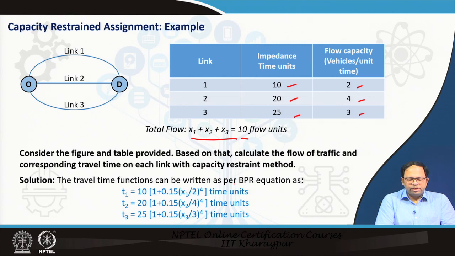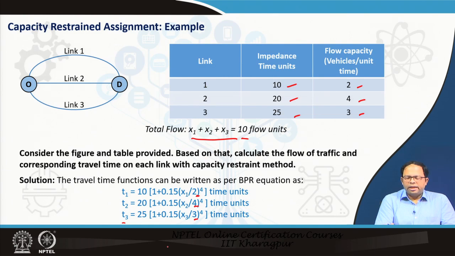What we do is we use the BPR equation and determine the T1, T2 and T3 values. Over here you can see we are using the impedance of 10, 20 and 25, and this is the formula that we use, and the capacity is 2, 4, 3.